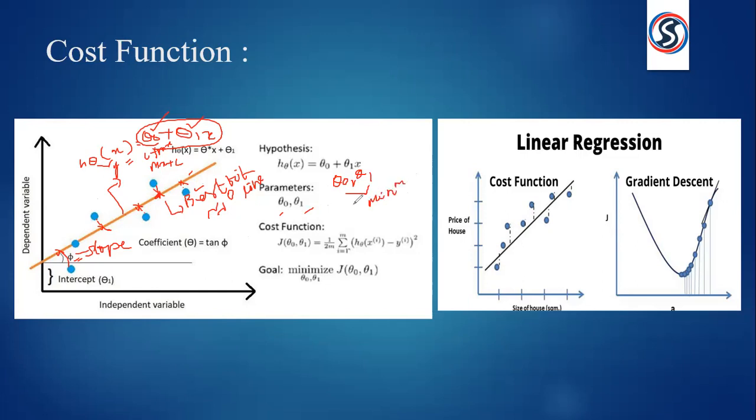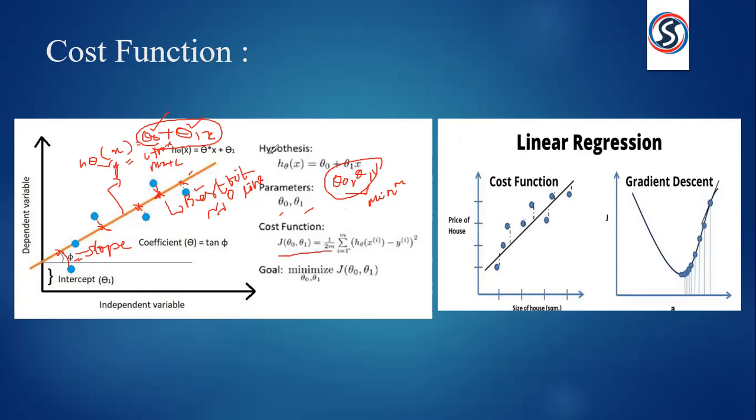So my whole equation revolves around the interchange of these theta 0 and theta 1 parameters. Getting it, everyone?